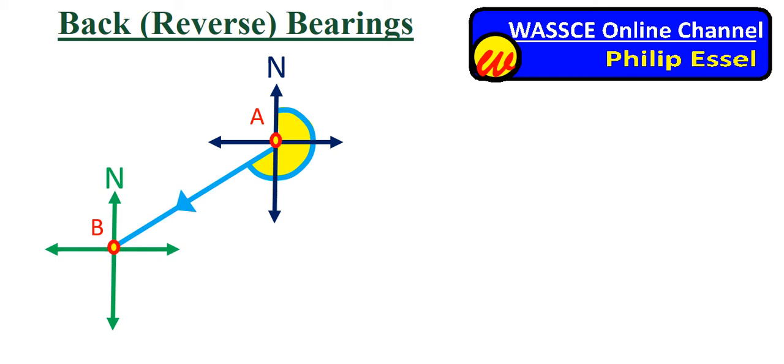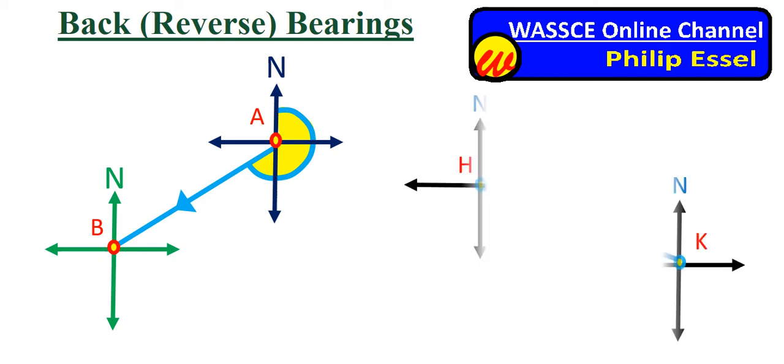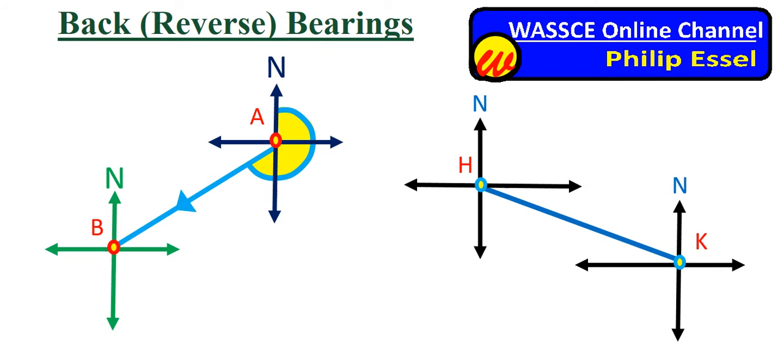Let's look at another example. In this example, we have 2 points, K and H. So we're going to find the bearing of K from H, then afterwards we'll look for its back bearing, which is the bearing of H from K. First, what is the bearing of K from H?